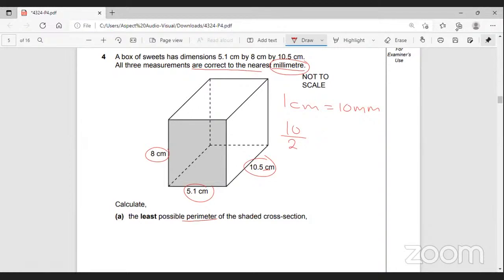Yes, you are right. Yes, you are basically right. Okay.